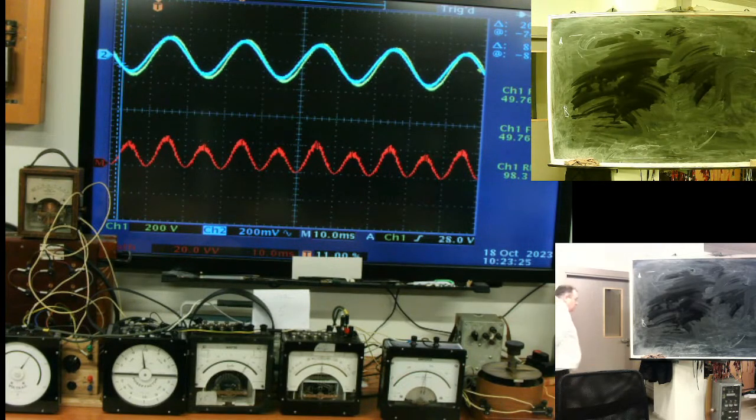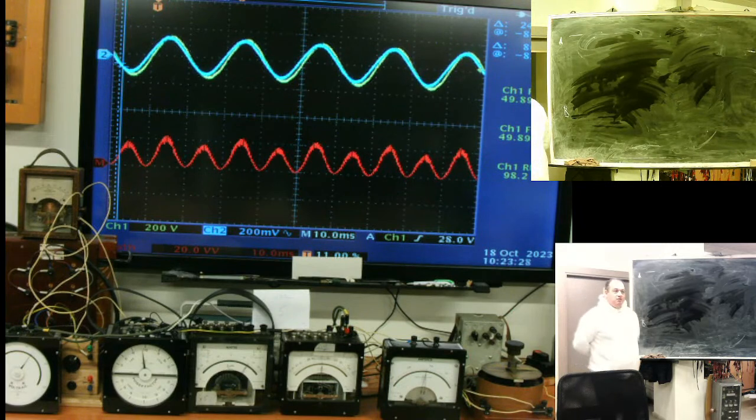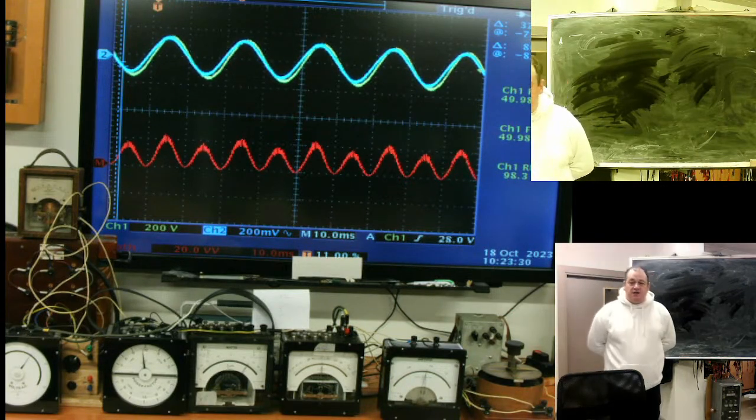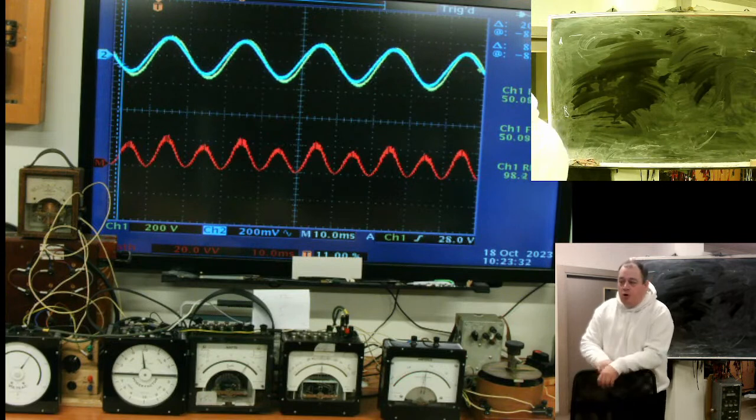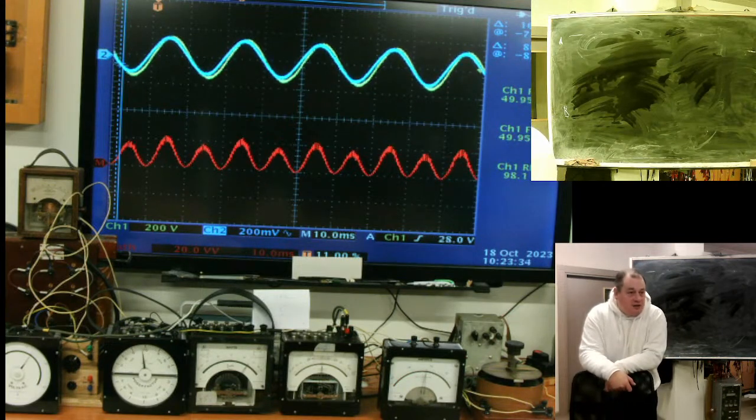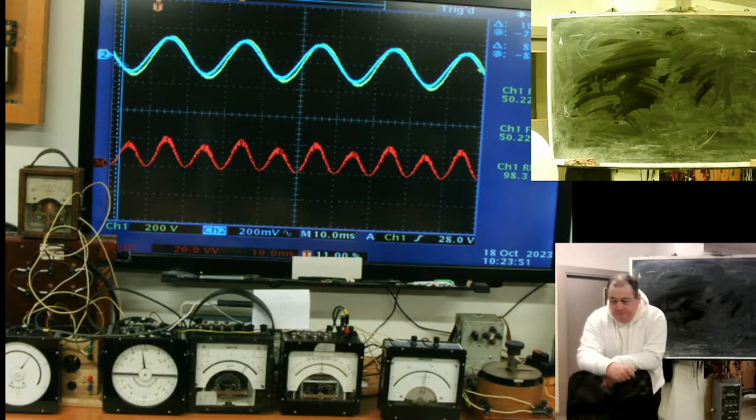What does 0 shift between voltage and current mean? No energy is stored. No inertia. No inertia means the load is purely active. Yeah? It's pure resistance without any inertia, without any energy storage.